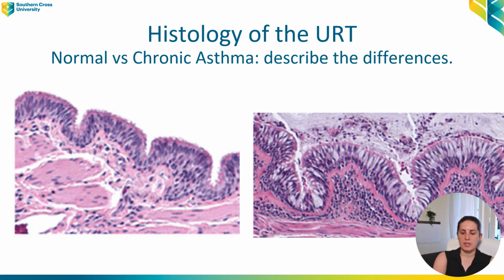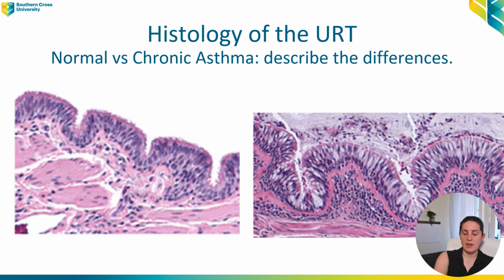So let's have a look and compare two different epithelial images. You can see that in the healthy tissue here on the left, well, you can't actually see it very well, but I'm telling you, it's more ciliated. Whereas here in this chronic asthmatic image, the cilia are damaged.